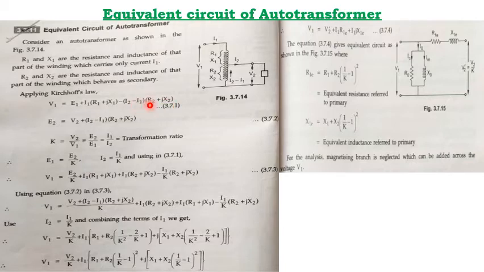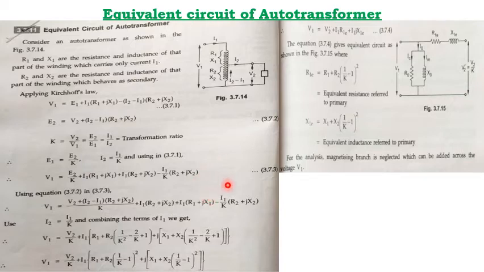Simplifying, we get V1 is equal to E2 divided by K plus I1 into (R1 plus jX1) plus I1 into (R2 plus jX2) minus I1 divided by K into (R2 plus jX2).